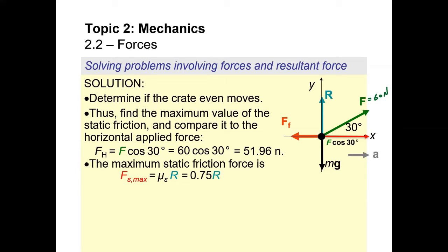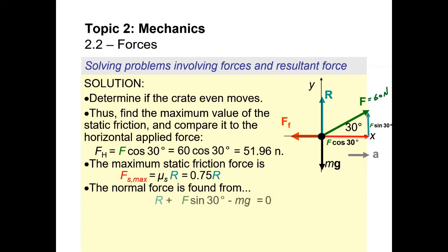We need to find R. Since the object is not moving vertically, the vertical component of the resultant force equals 0. The Y component of the applied force is F sine 30 degrees, as it is opposite.